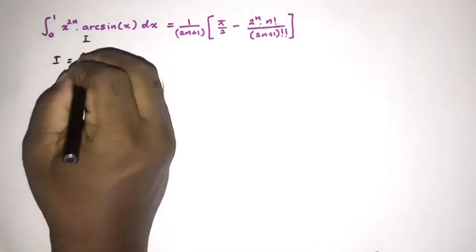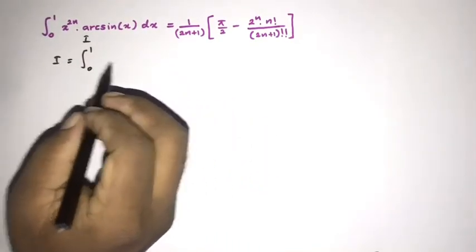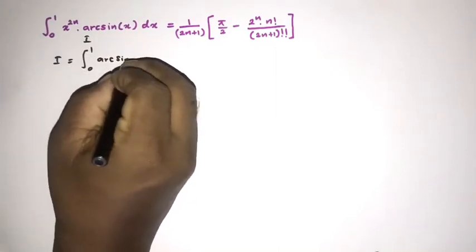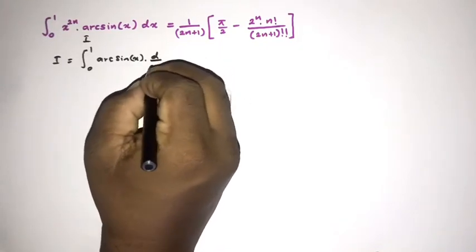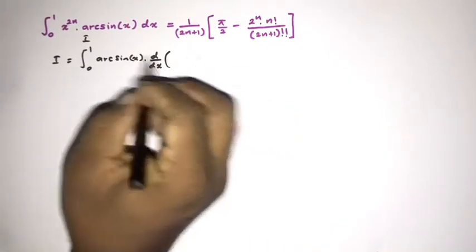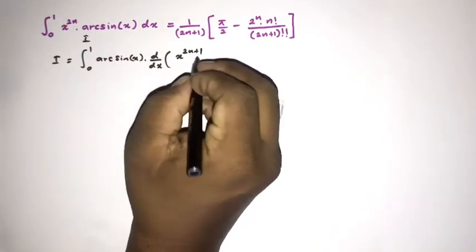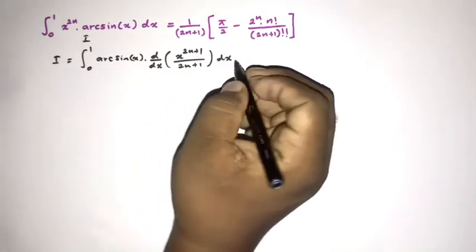So we can write the integral from 0 to 1. As the first function, I am going to take arcsine of x, so arcsine of x times d by dx, then the integration of x to the 2n, we know x to the 2n plus 1 over 2n plus 1 dx.